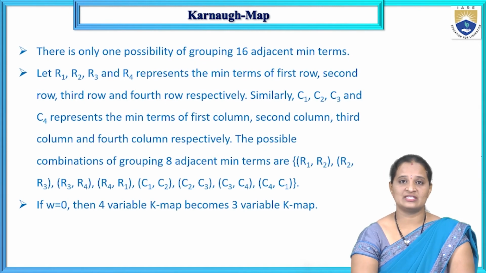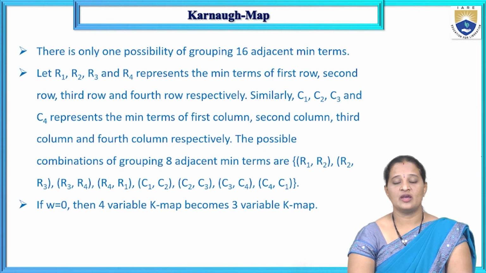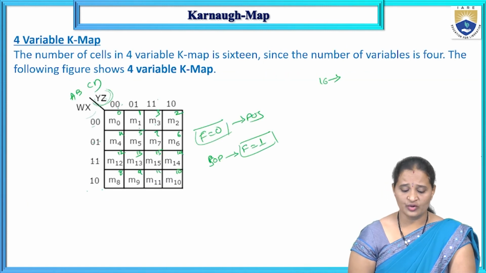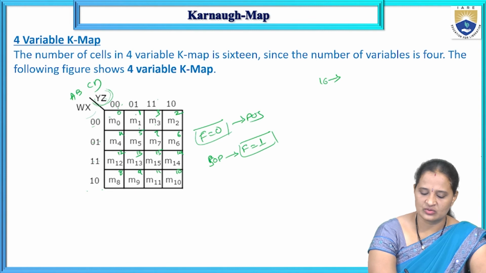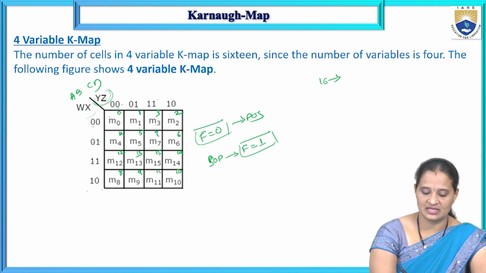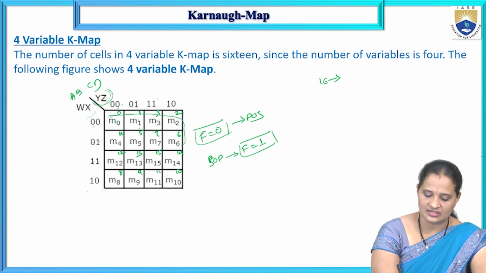And then what is the next highest possible group? That is 8. Group of 8 cells. What are the groups of 8 cells that I can form? These 4 are said to be adjacent and these 4 are said to be adjacent. This is adjacent to this, adjacent, adjacent, adjacent. So that means all these 8 cells are adjacent to each other.